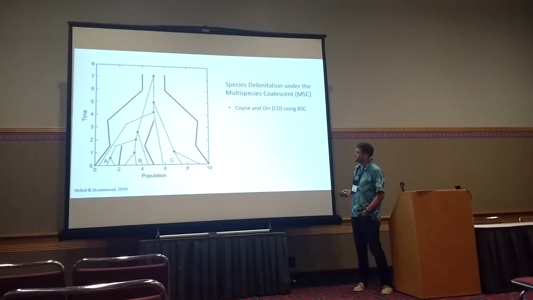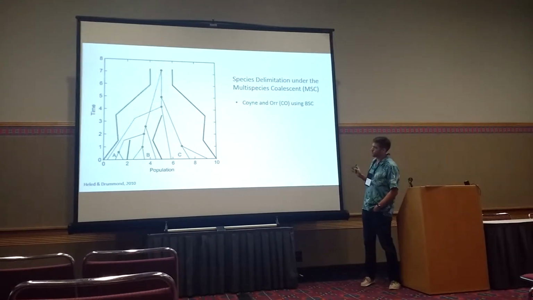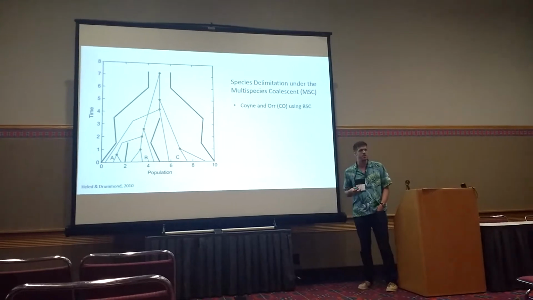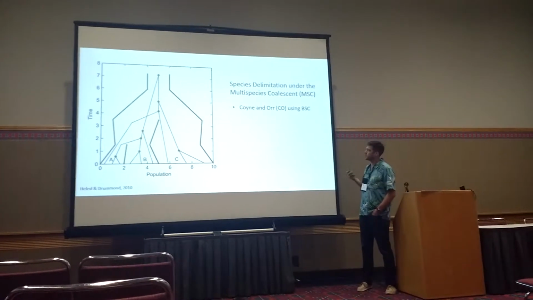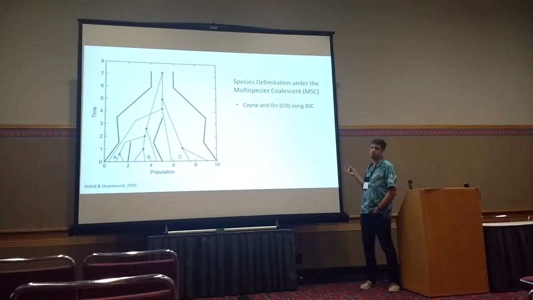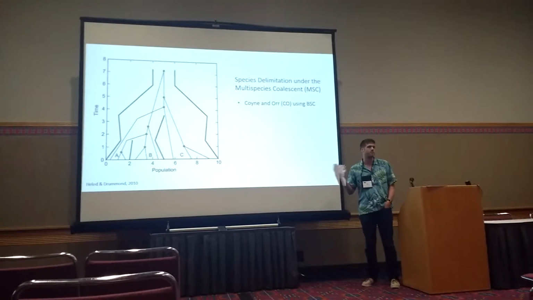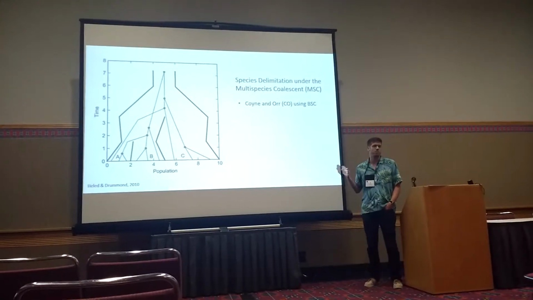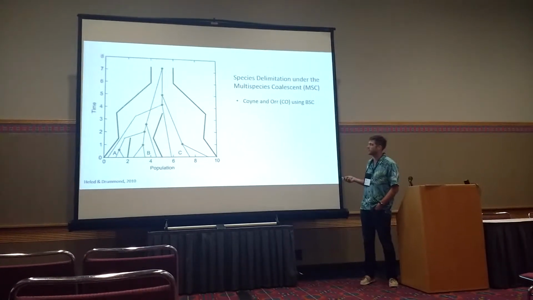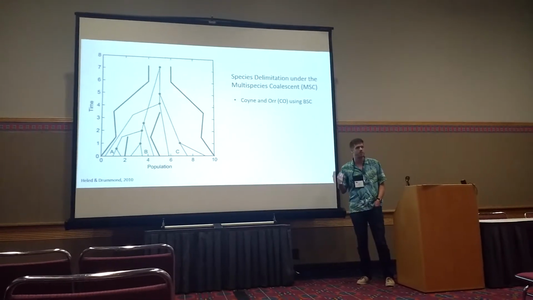So we're going to use this figure from Heled and Drummond 2010 to describe the MSC process real quickly. Coyne and Orr's process is essentially the biological species concept. They're looking for reproductive isolation. The multi-species coalescent, on the other hand, looks for independently evolving lineages.